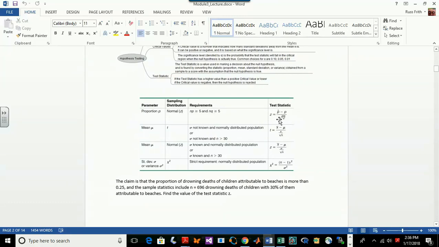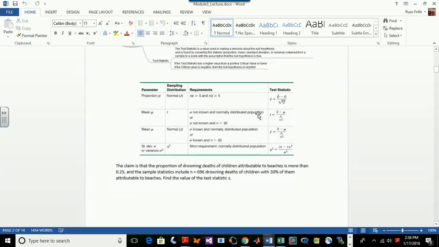Note that in the denominator, the term under the radical sign is P and Q. That's not P hat or Q hat as we've done before, but P and Q, the population proportion.